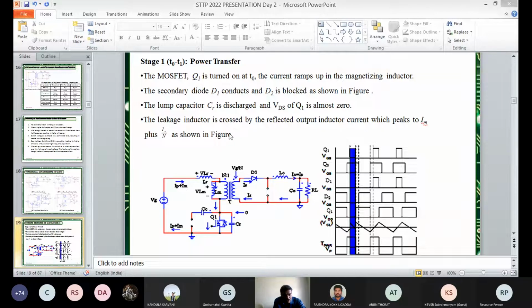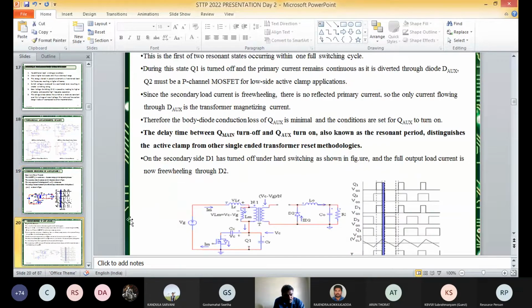The second mode is the resonant interval. In the resonant interval, Q1 is turned off and the body diode of Q2 is conducting.